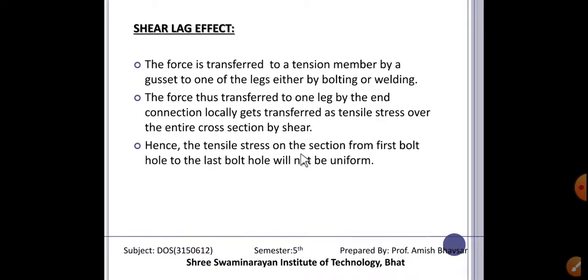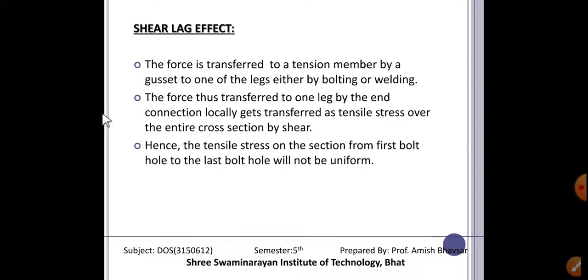Hence, the tensile stress in the section from the first bolt hole to the last bolt hole will not be uniform. Some portion reaches the ultimate stress and some portion is still at yield stress. Then, when the second portion reaches Fu, the first portion is broken down from there.